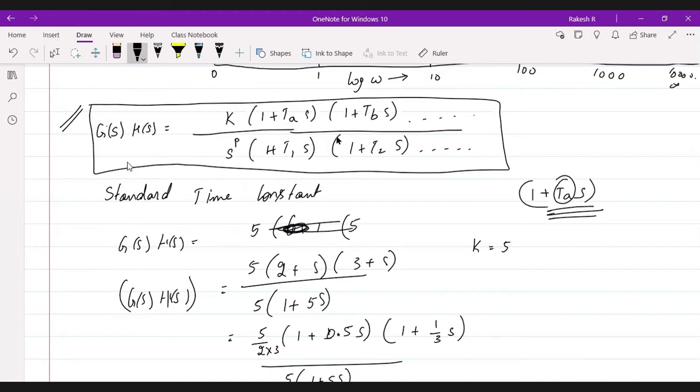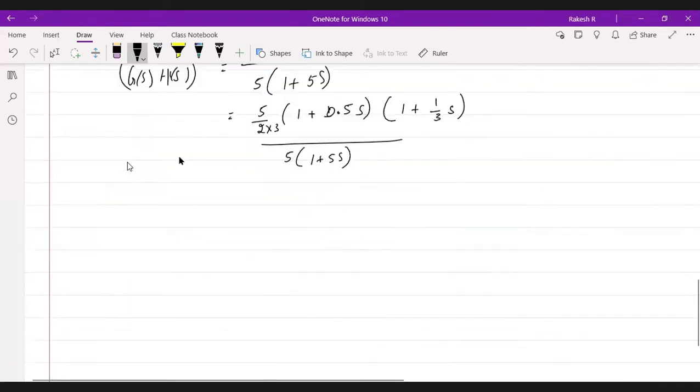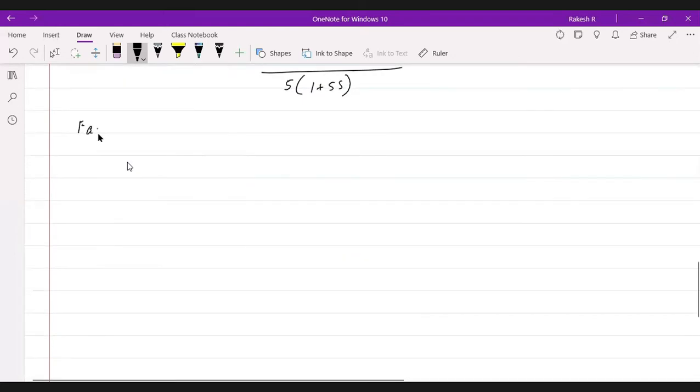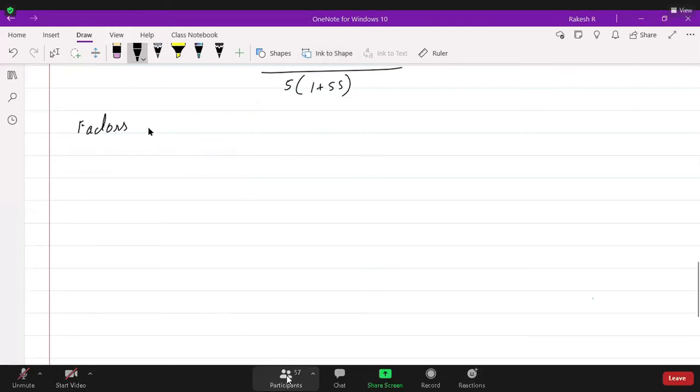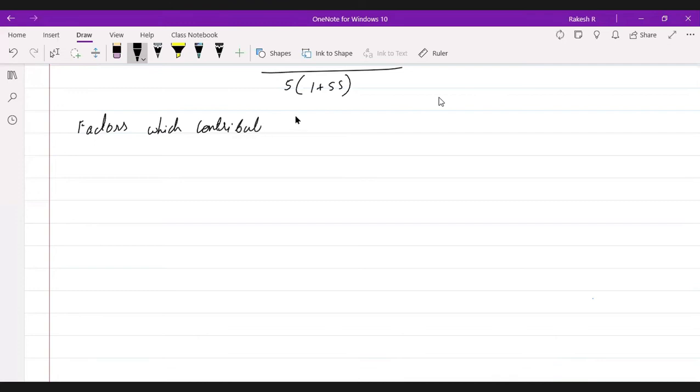Now, when you check this equation, what are the factors which contribute to the Bode plot?